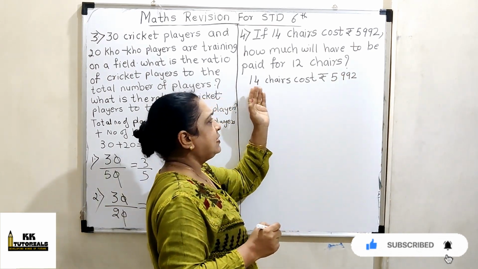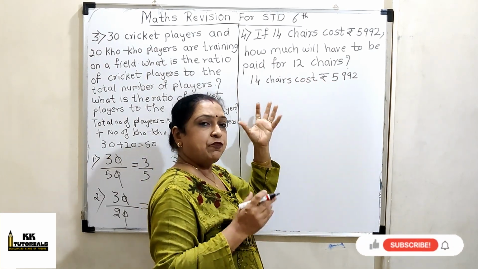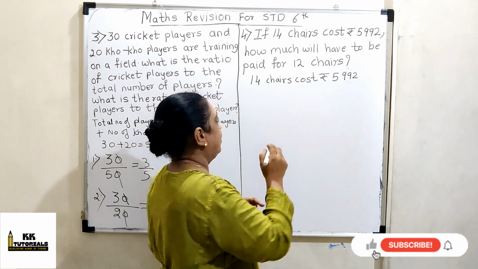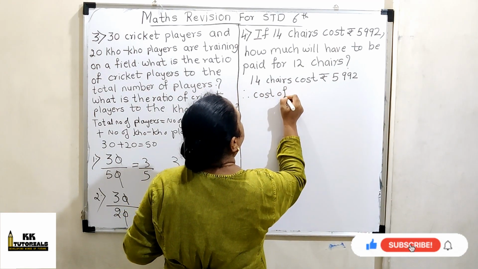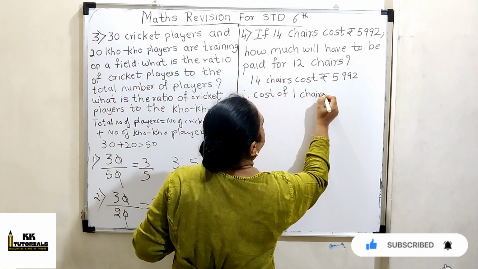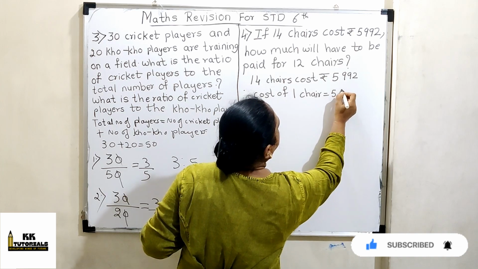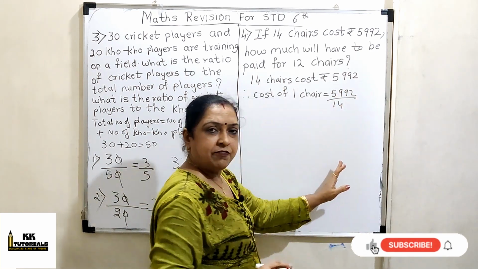So when 14 chairs cost rupees 5,992, we have to find out the cost of one chair. Therefore, cost of one chair is equal to 5,992 divided by 14. So we will divide in a rough column.